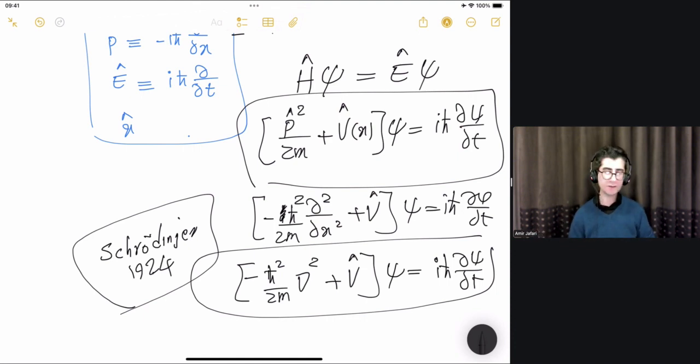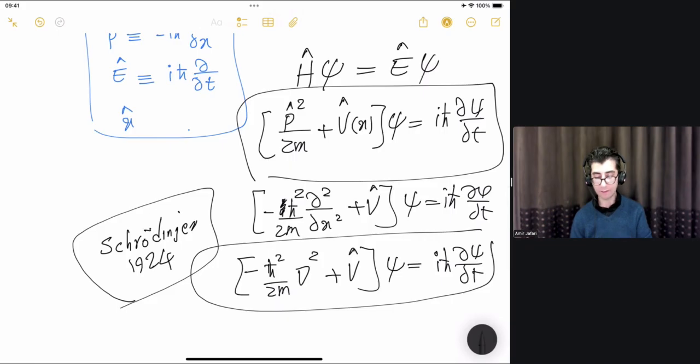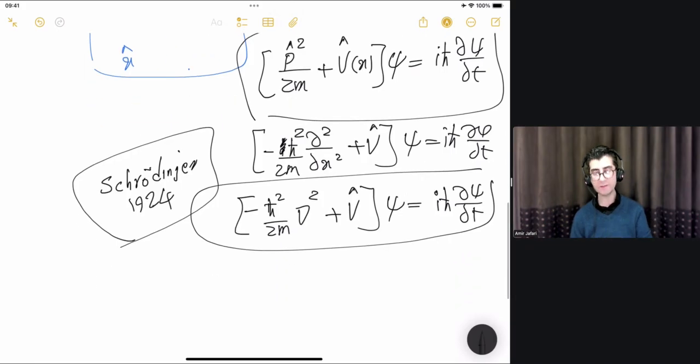Now, we are not interested in any details here about how you apply it to an atom or how you apply it to heavier atoms, etc., assuming that you are familiar with the general formalism, how we do this. What I'm interested in here and what is needed here is the fact that this is a non-relativistic equation.